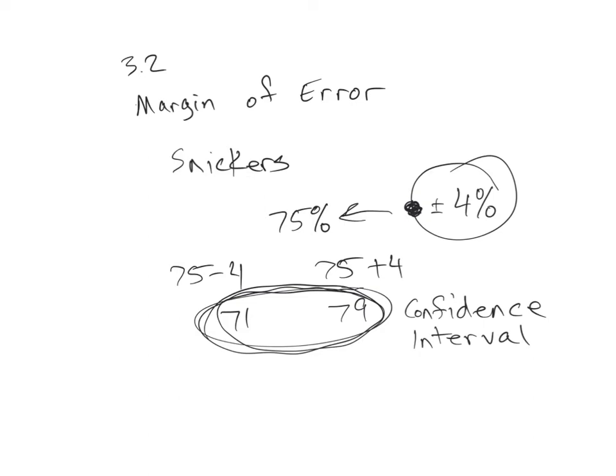of error. Okay, so let's check for some understanding here, and then we'll be done. We're going to use the SAT as an example. A researcher wondered what the average SAT score is for all current students at the University of Michigan.